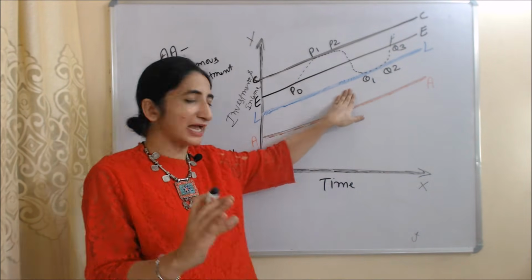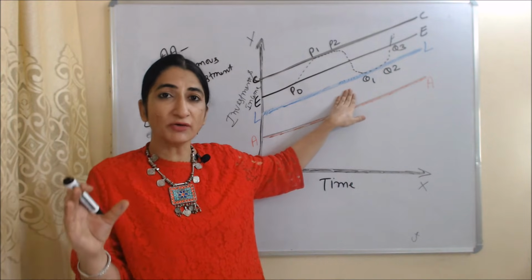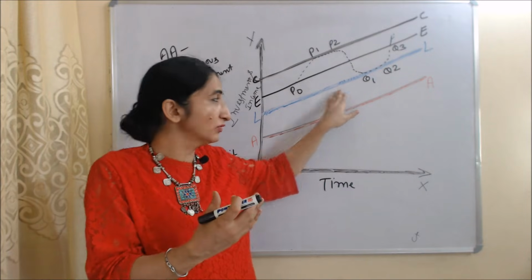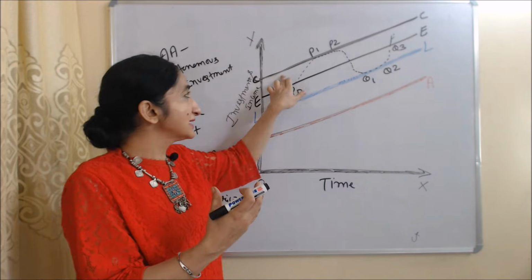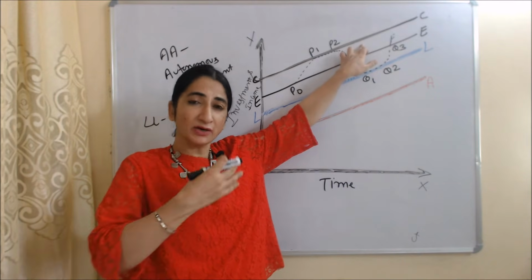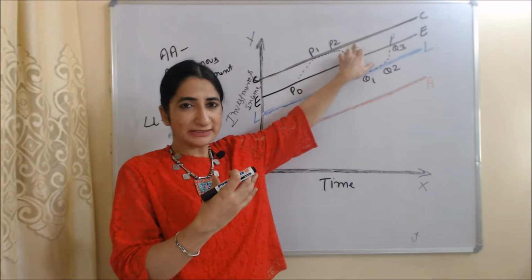This LL line represents the lower limit of economic growth. That means economic growth cannot fall beyond this line. CC represents the upper limit of economic growth. That means the economy cannot grow beyond this line.